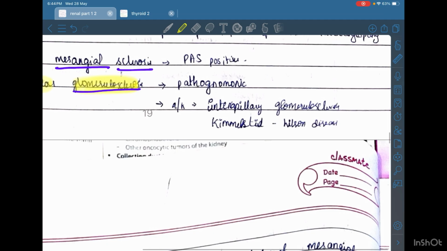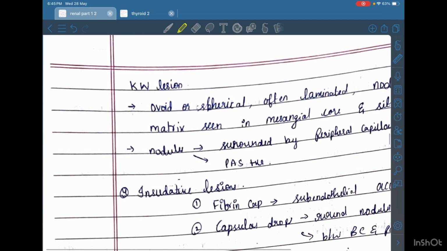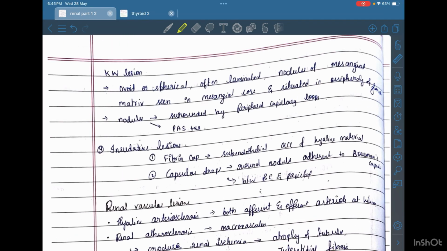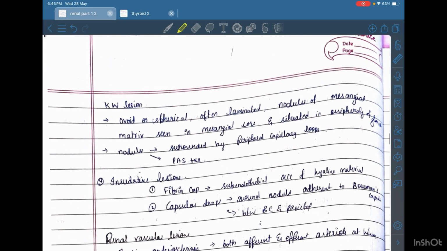Nodular glomerular sclerosis is a pathognomonic feature of diabetic nephropathy, which is also known as intercapillary glomerular sclerosis or Kimmelstiel-Wilson disease, the Kimmelstiel-Wilson lesion, right? So what is this?